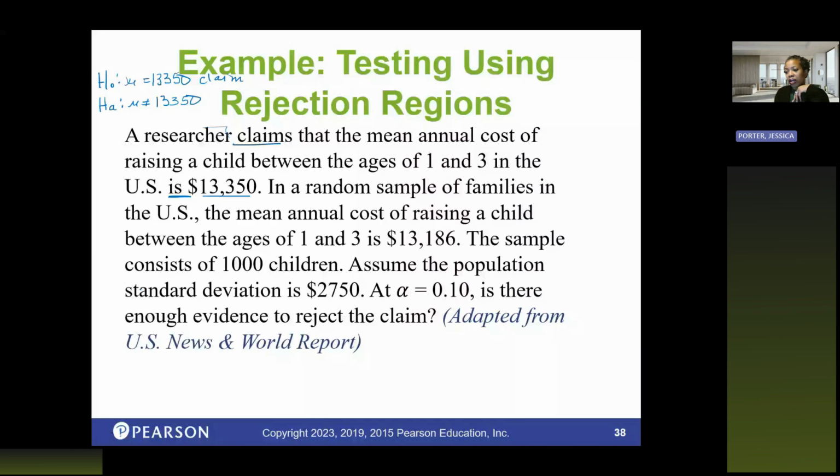Okay, then we calculate our Z statistic. And that is 13,186 X bar minus 13,350, the mean mu, all over the standard deviation divided by the square root of 1,000.